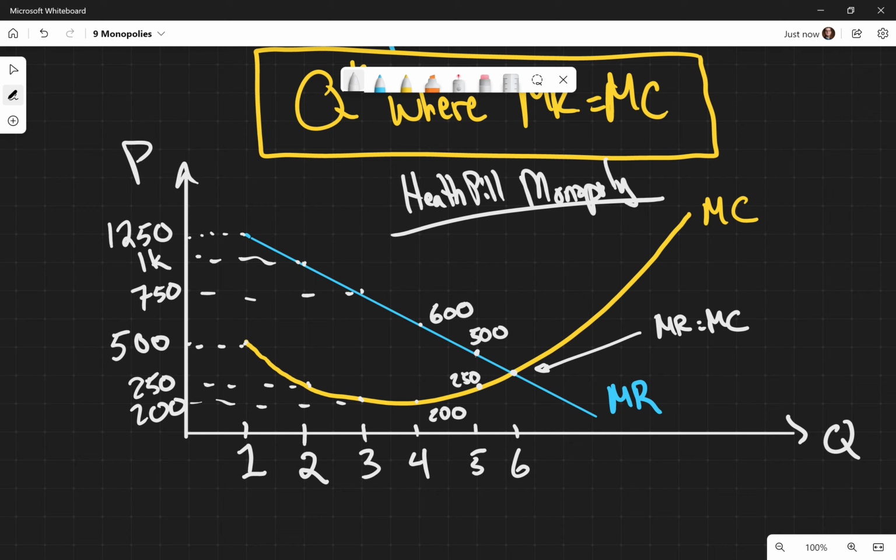Some of the time, students have difficulty with the conceptual understanding of why would I produce the sixth one when the marginal revenue that I'm getting is exactly equal to the marginal cost that I'm spending.